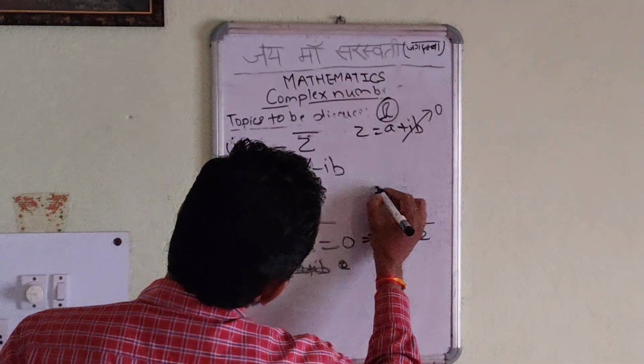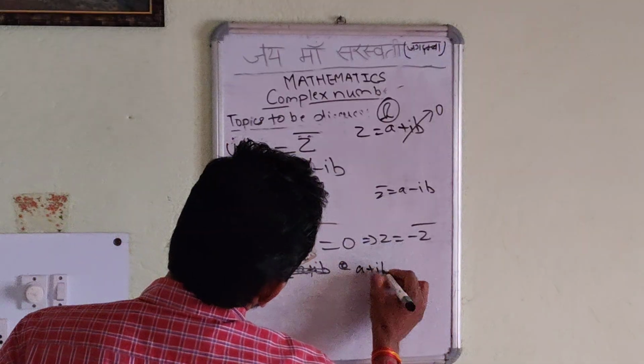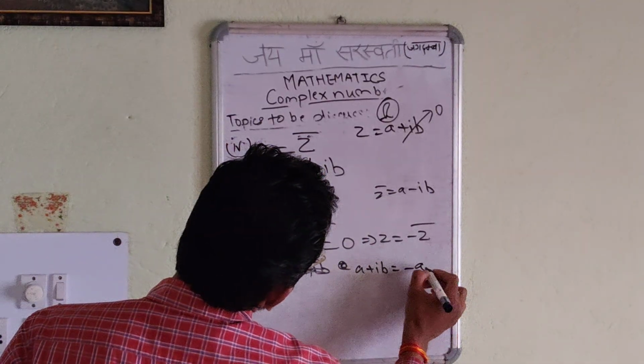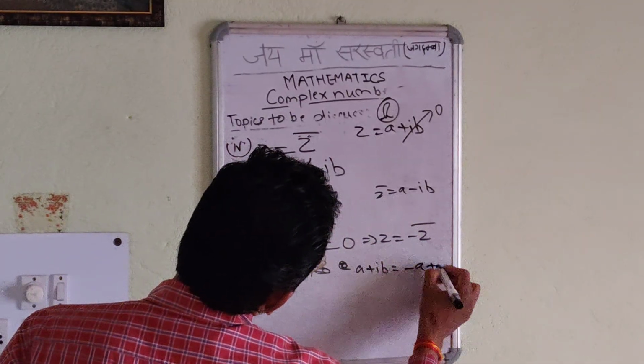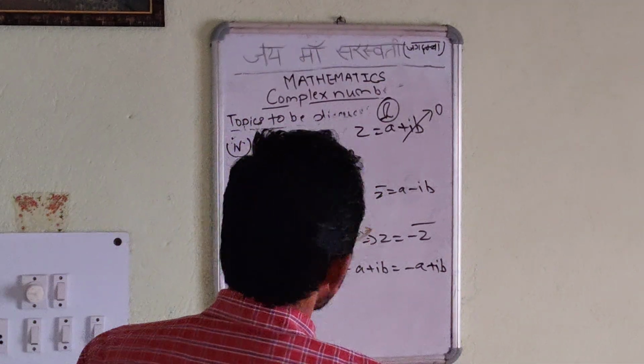First of all, z bar is equal to a minus ib, so a plus ib is equal to minus a plus ib. Understood? So z is equal to minus of z bar.